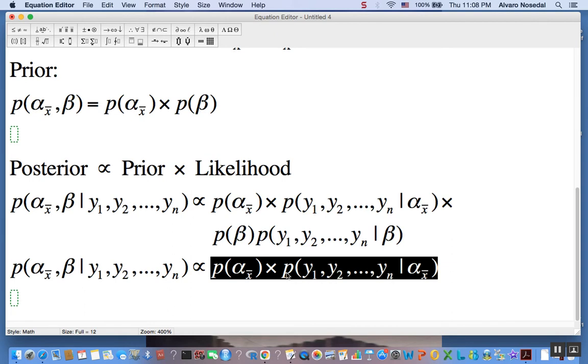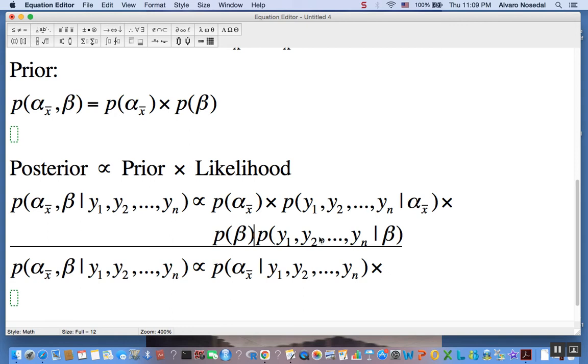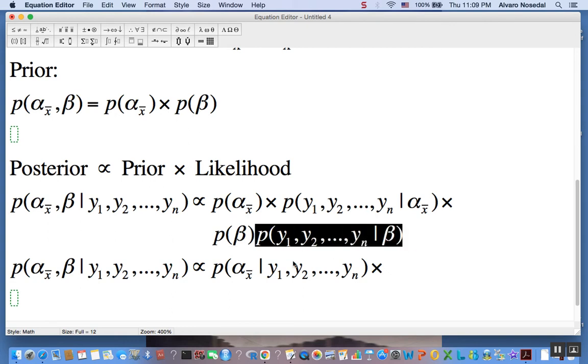We could rewrite that like this. That would be the posterior times the other posterior, the posterior for beta.